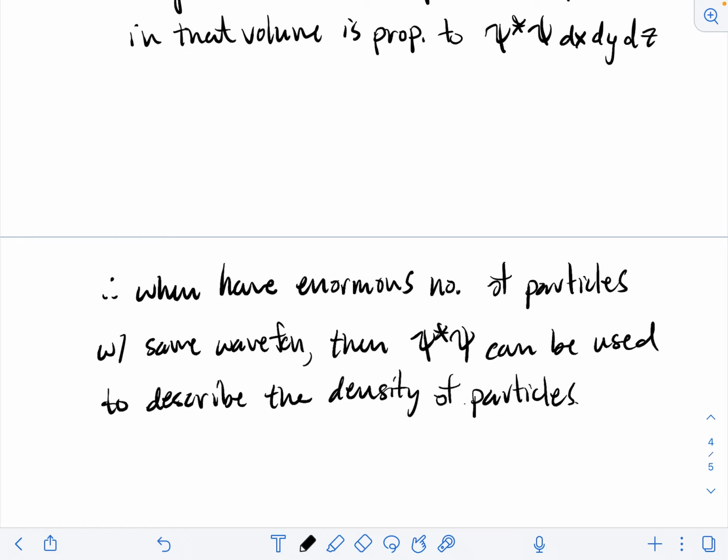If we divide by the volume element now, then we get the density of the particles at some position r.